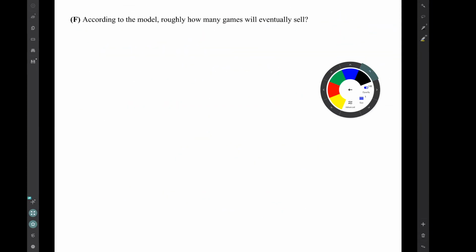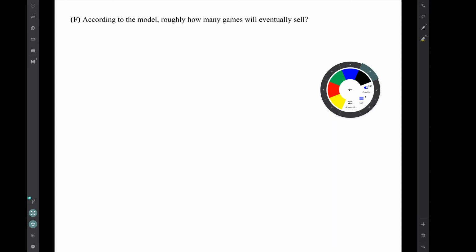Question F. According to the model, roughly how many games will eventually sell? Now, this question is not asked in the book in any of these estimation problems, and I think it's too bad because this is sort of a blast from the past. This is asking, in other words, if we just let time go on and on, and the games keep selling, what will be the total number of games?